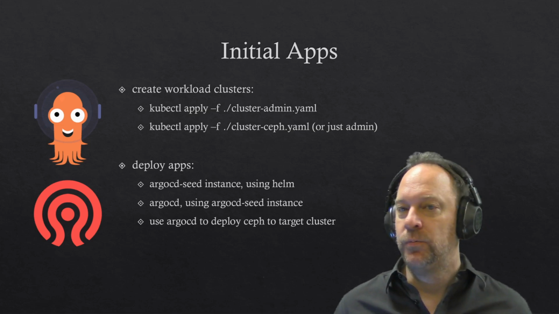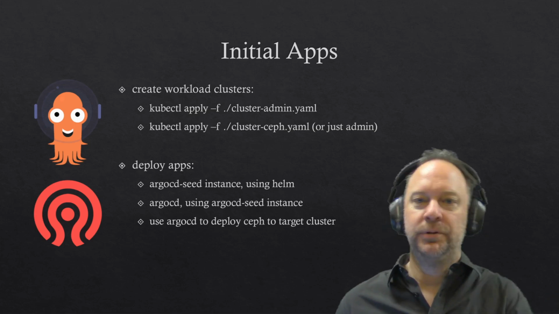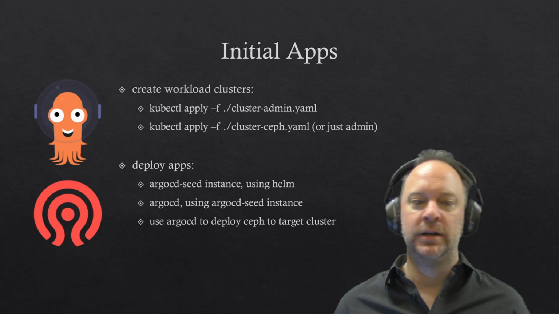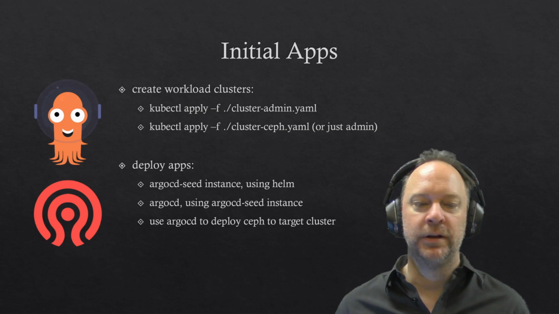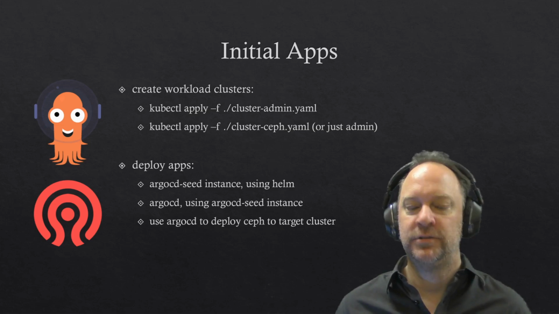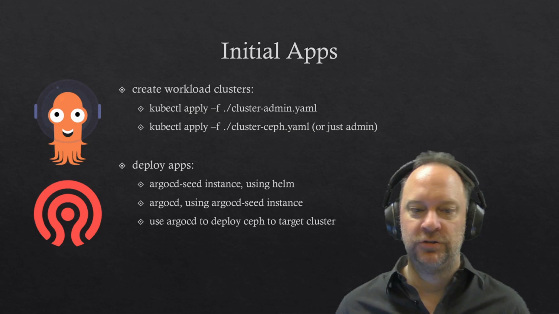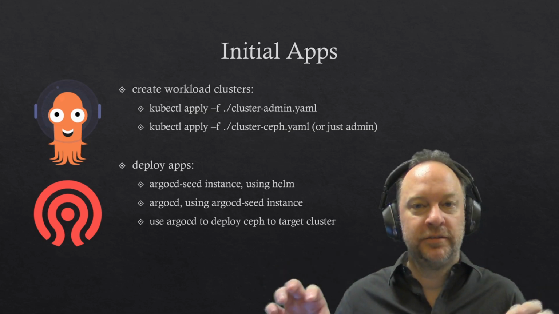All right, and then what's the first thing we do now that we have Argo CD running? Well, now we're able to deploy everything into Kubernetes. This is our starting point, right? And the first thing we're going to deploy is Ceph. By doing it this way, using Ceph deployed to Kubernetes, using a cluster we just stood up, we now have multiple nodes in the way that Ceph wants, right?